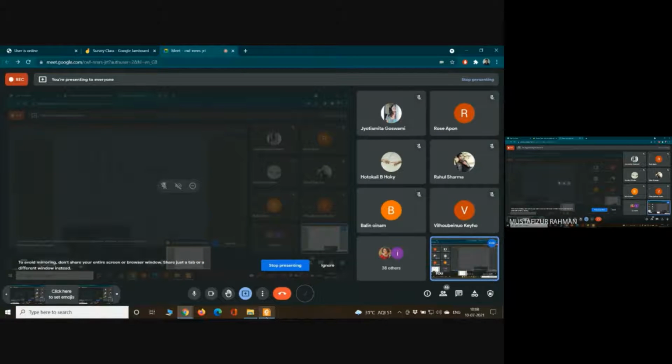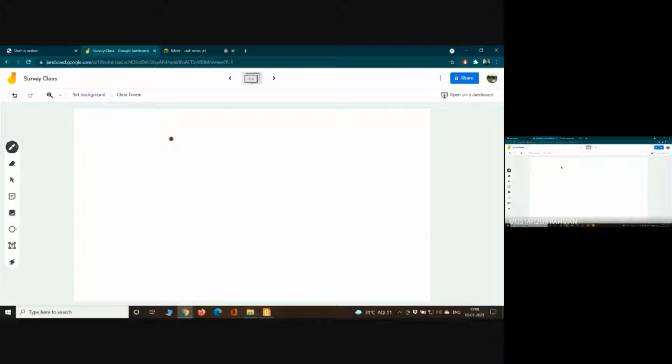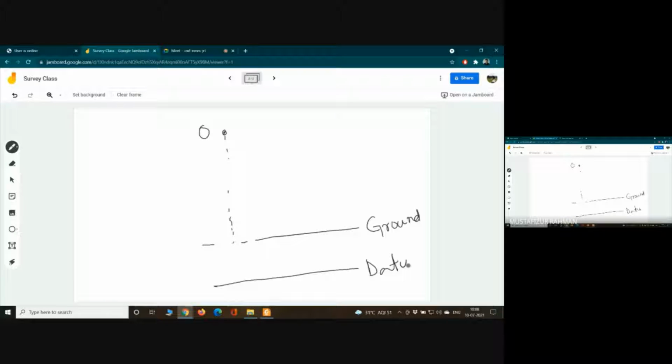So it's like this. We have the camera at the O point at a certain height from the ground. This is the ground, and this is the datum.